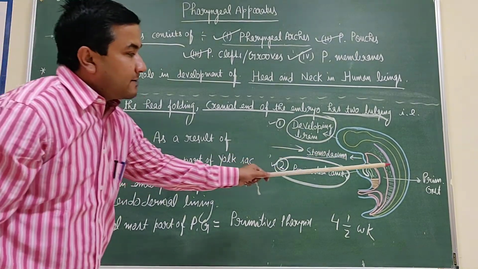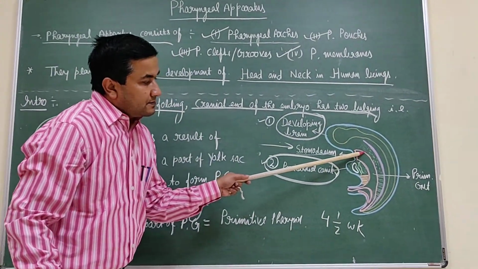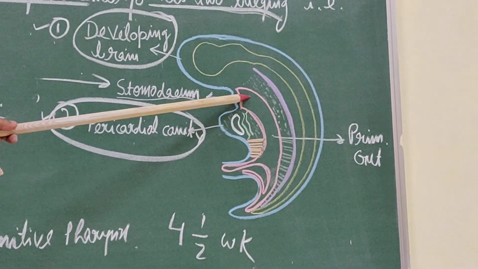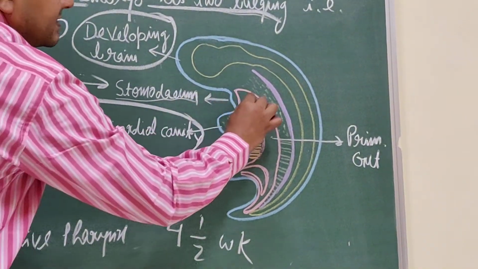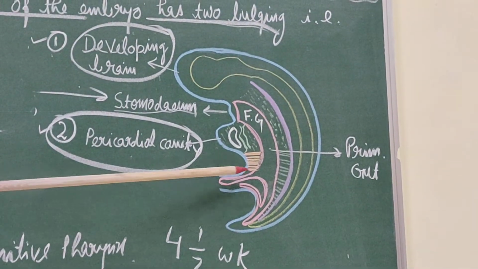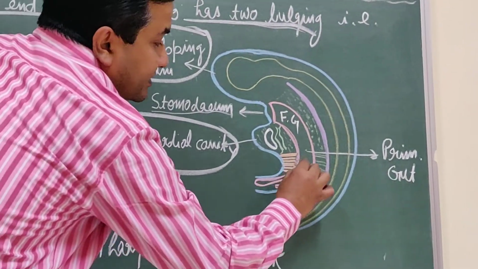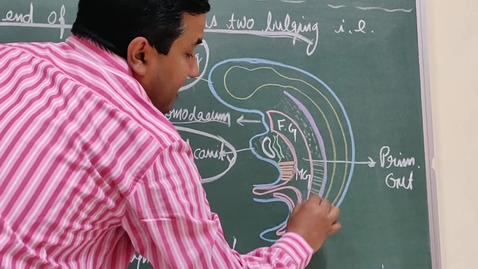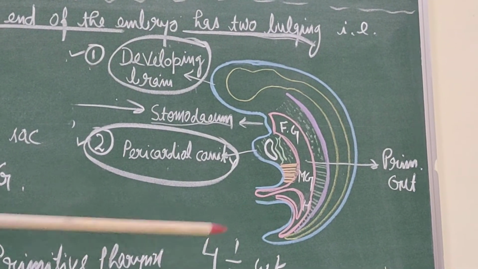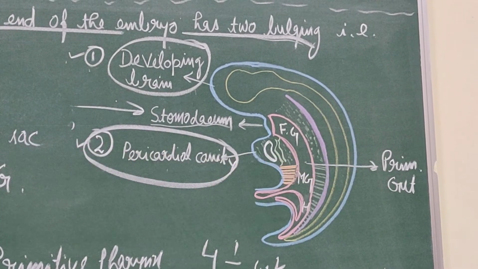Now, it is the primitive gut. In this diagram, this is the primitive gut. This part is the foregut, the part connecting with the umbilical cord is the midgut, and this is the hindgut part. Now, how is this primitive gut formed?